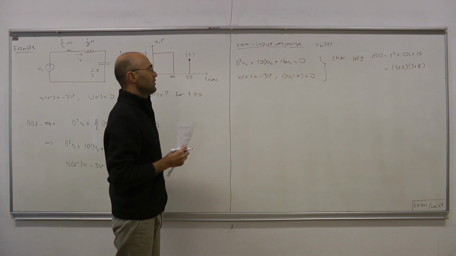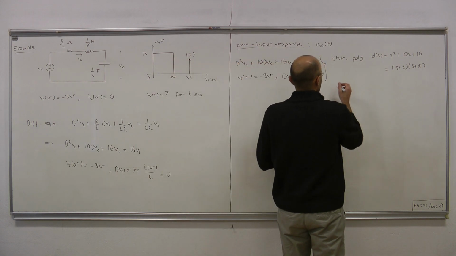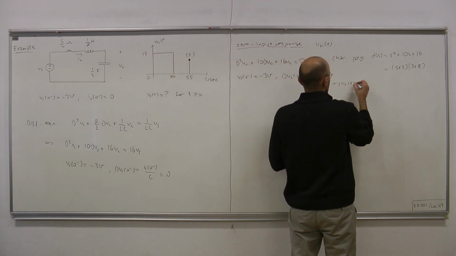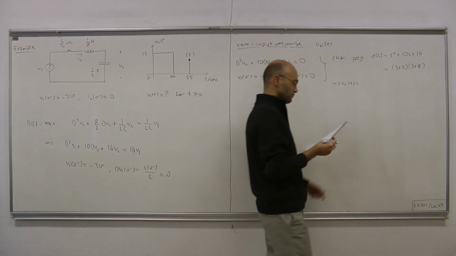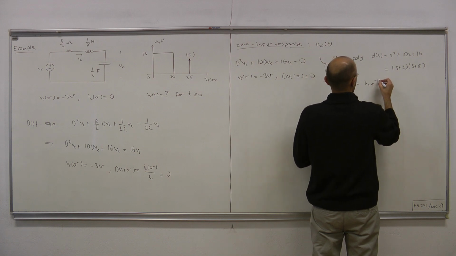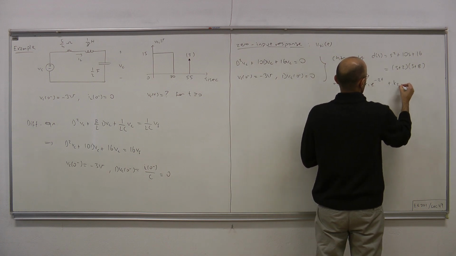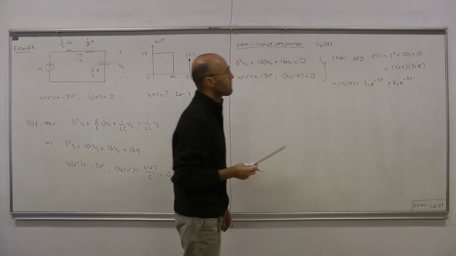Therefore, the response will be overdamped by definition. And the form of the capacitor voltage, or the zero input response, looks like K1 e to the minus 2t plus K2 e to the minus 8t.